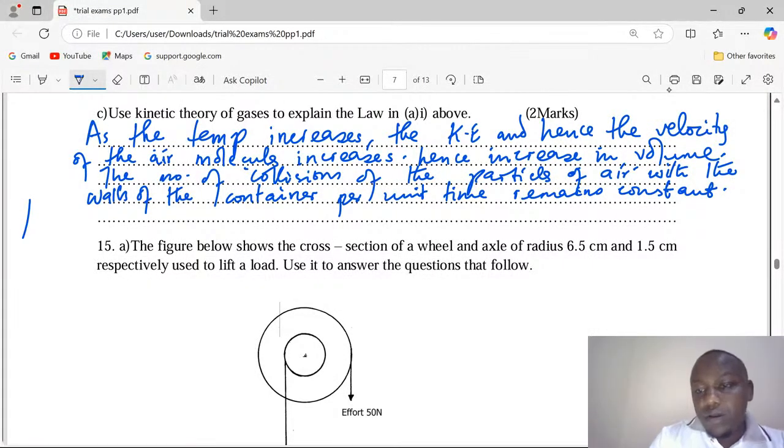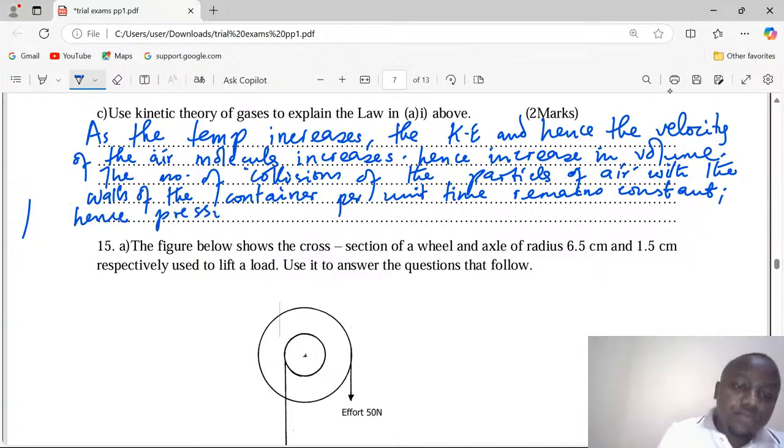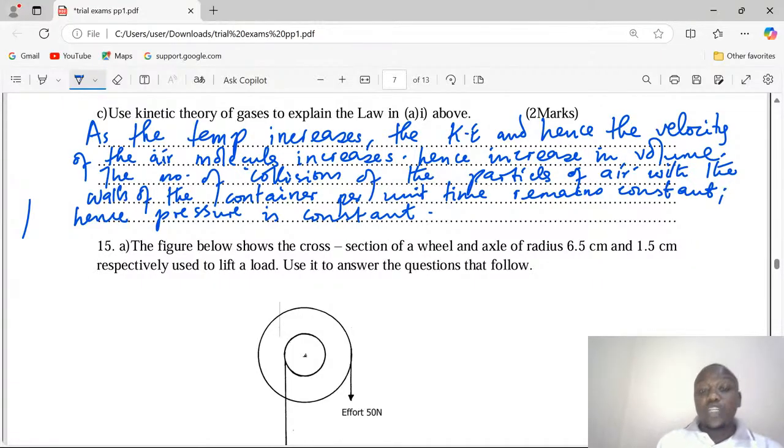So the number of collisions remains constant, hence pressure is constant. That is what keeps the pressure constant.